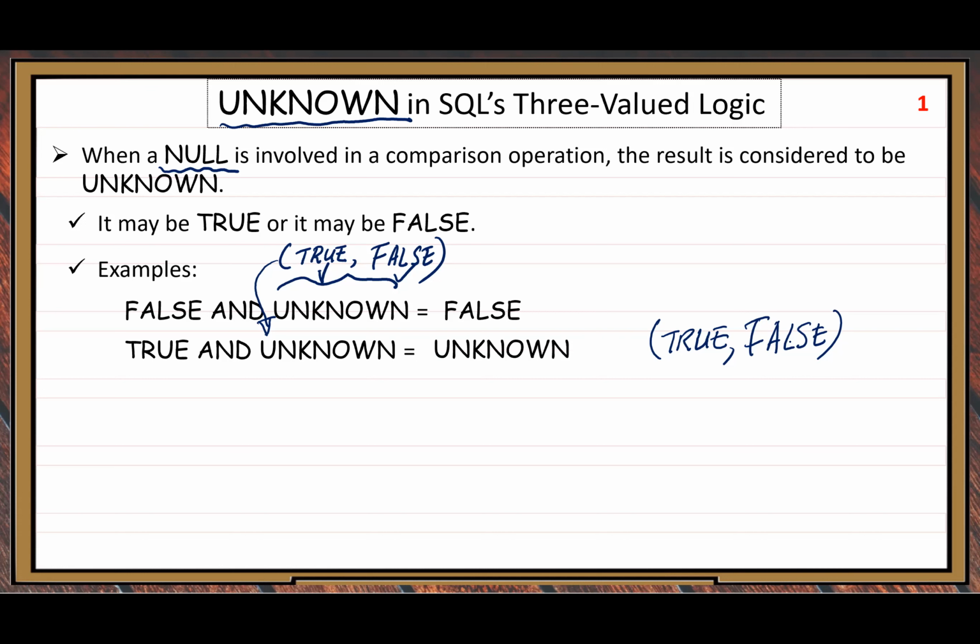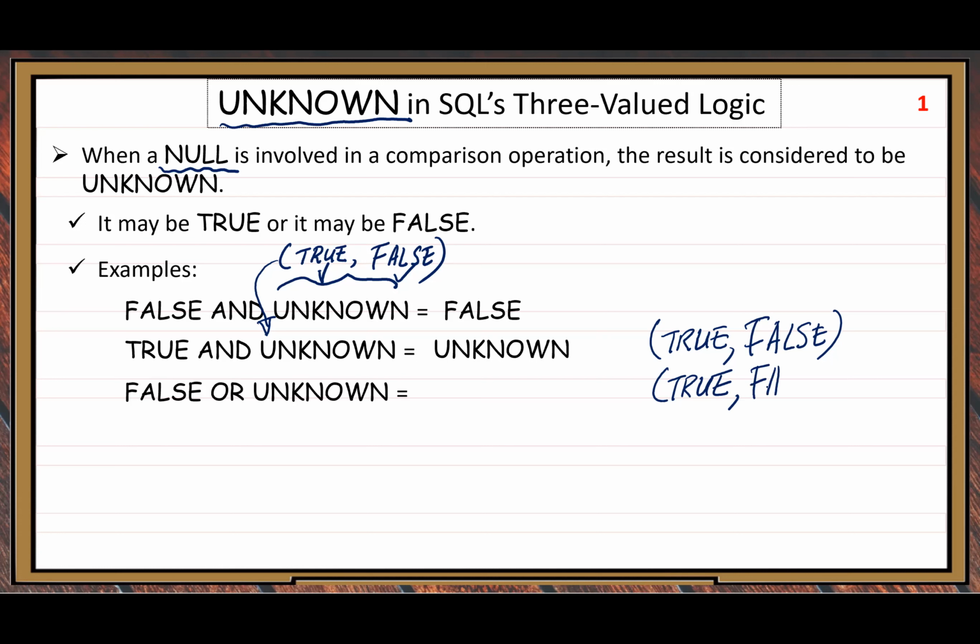False or unknown. This time, false or unknown. So look at it. If you replace unknown by true, false or true, what's that? That's true, right? Then false or false?